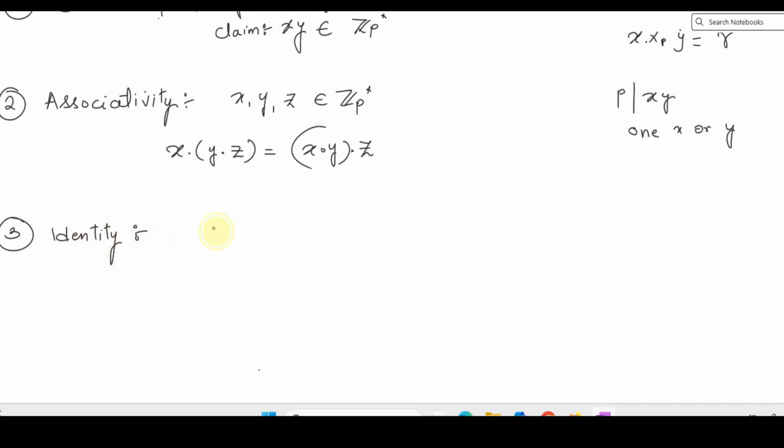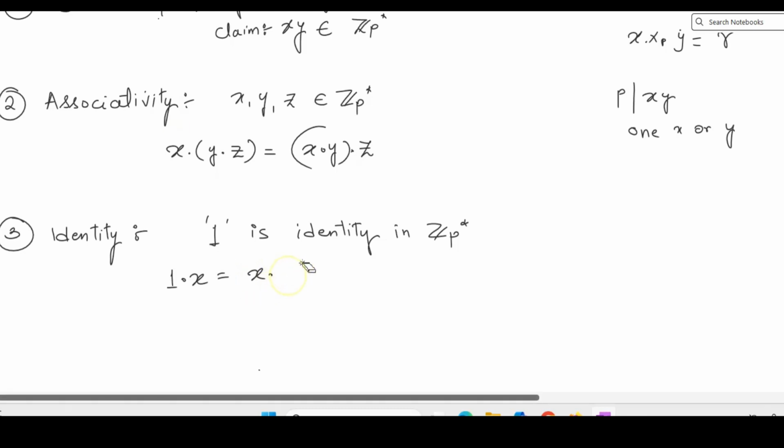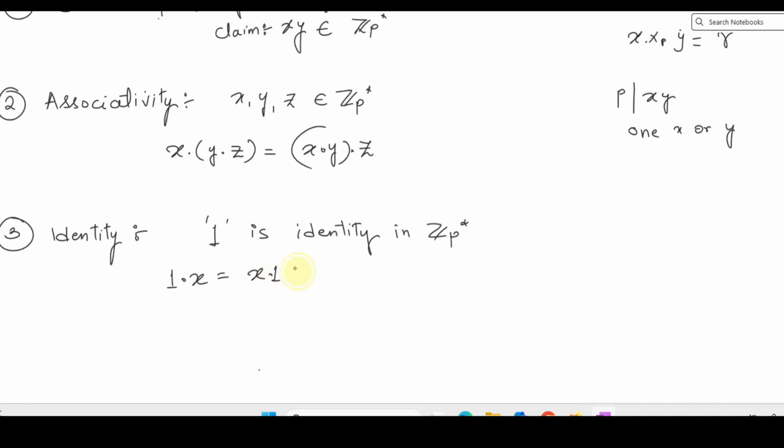For identity, definitely 1 is the identity element in Zp star, because for any x from the set Zp star, it will hold this for all x.